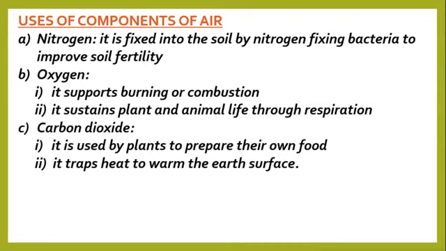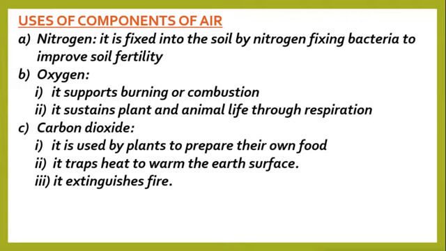Without the trapping of heat, our Earth will freeze, and life will cease to exist on Earth. And then three, realize that most fire extinguishers are made up of carbon dioxide. Why? Because carbon dioxide helps to extinguish fire or put out fire. So these are the uses of carbon dioxide.